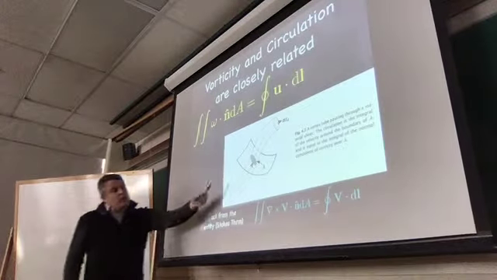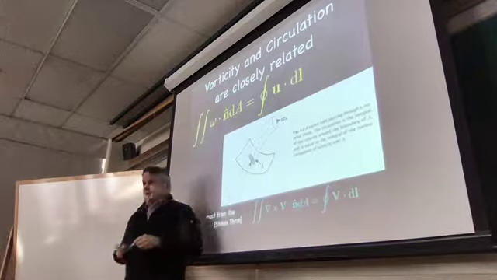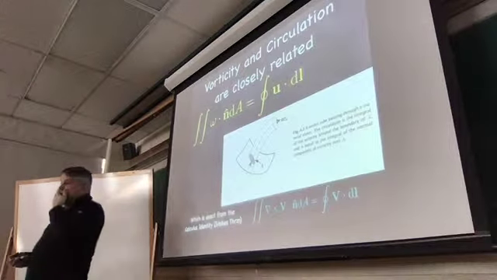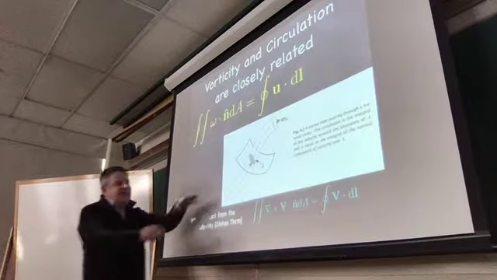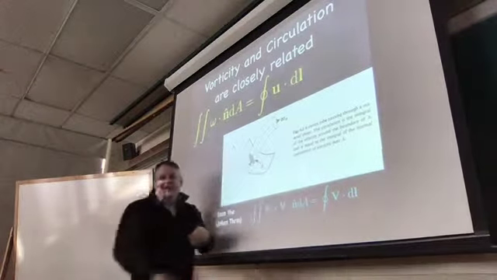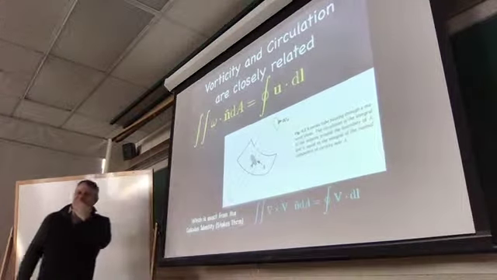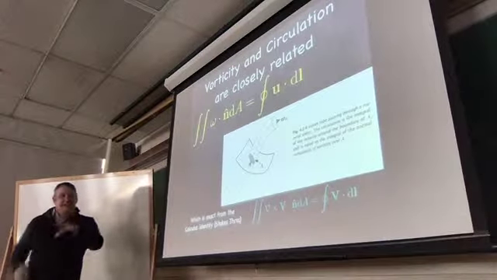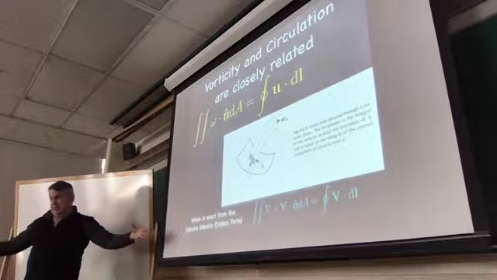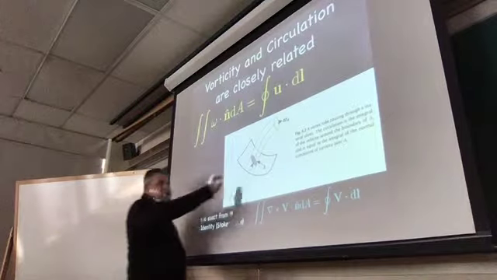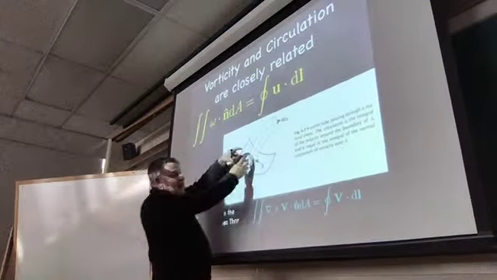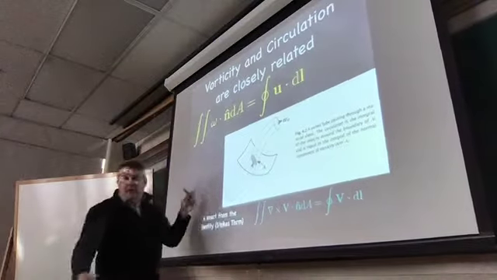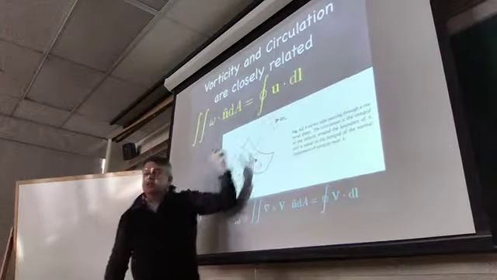So if I put more vorticity in here, what happens to the circulation? Goes up. If I take a bigger area, what happens? It increases if the vorticity is constant. But interestingly, if this is the only vorticity, and suppose the vorticity was 0 outside, I could take any area I want, and the circulation would still be the same.